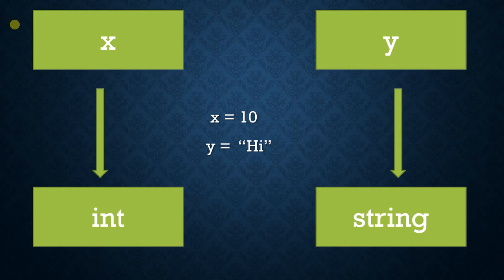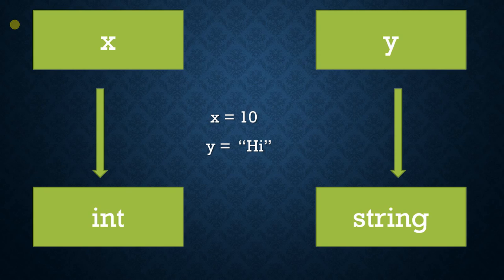And Y stores a word in it. So it is a string data type. So words or characters are referred to as strings in Python. Now in our first section, we'll deal mainly with these 2 data types. We will learn more complex data types as we progress into the course.